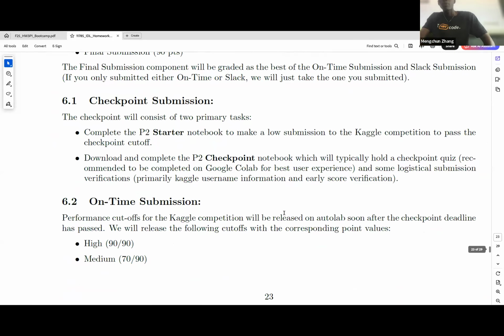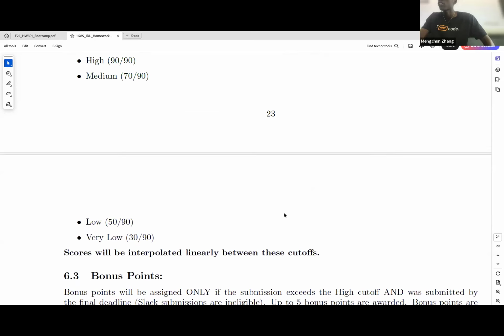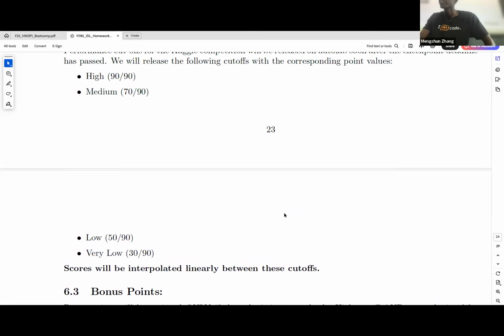I think I talked about the checkpoint submission and the on-time submission, and just to go through the logistics: if you pass the high cutoff, you get 90/90, plus the 10 that you had in the checkpoint, so you already have your 100 in the homework. If you get a medium, when we release the cutoffs, let's say the Levenshtein cutoff is 5 for high and the medium one is 7, but you're somewhere between 7 and 5, we just do linear interpolation.